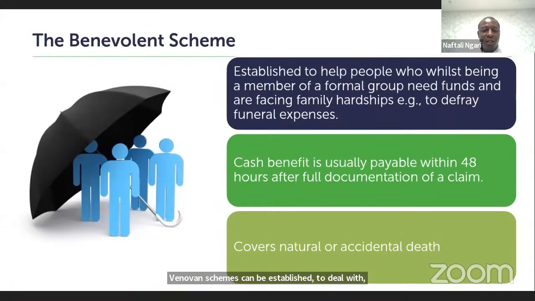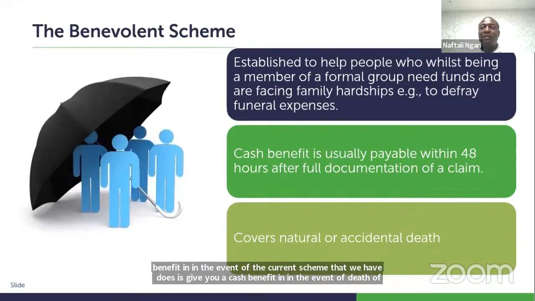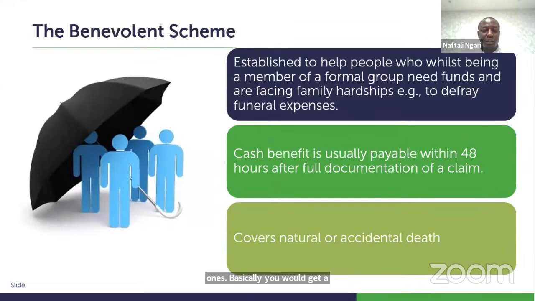So it is not all times that benevolent schemes can be established to deal with matters relating to grief and bereavement. So basically what the current scheme that we have does is give you a cash benefit in the event of death of any of our loved ones. Basically, you would get a cash lump sum to assist you in defraying the funeral expenses.